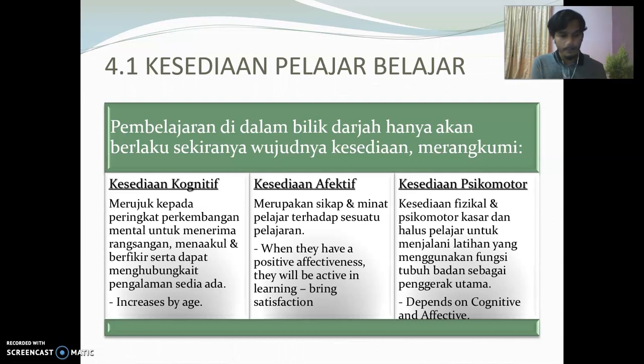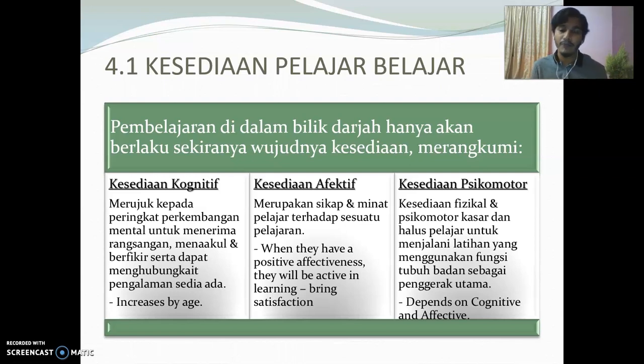For example, pada peringkat umur 12 tahun, mungkin pengalaman hidup anda berbeza dan juga memang limited, but when you're reaching the age of 15, it will be way more different. You have been exposed to many things, many kinds of life, many kinds of phases ataupun fasa-fasa dalam kehidupannya. Same goes to affective as well.